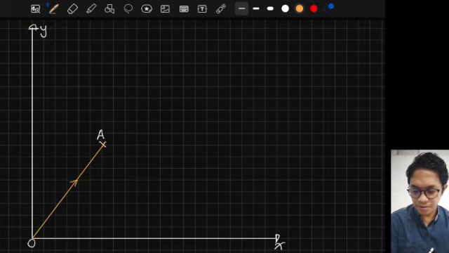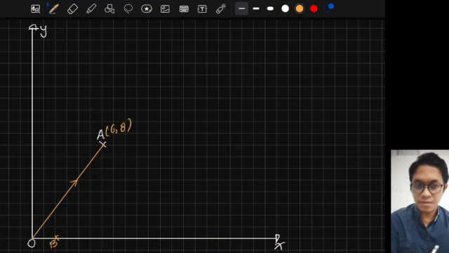Let's call this point B. A is (6, 8) and B is (2, 0).